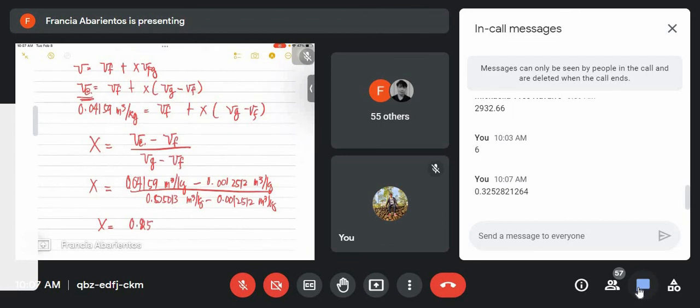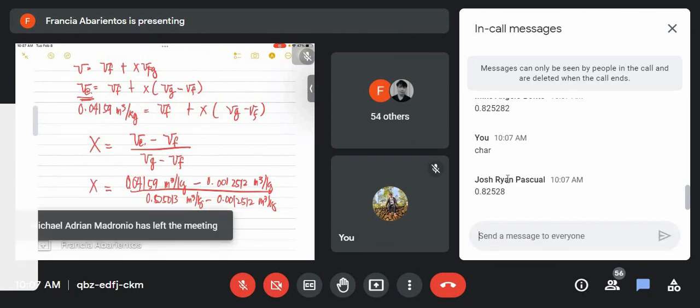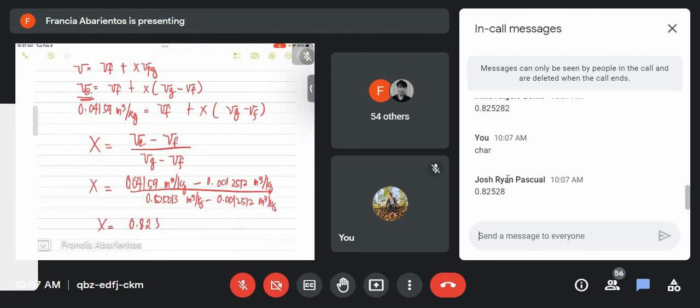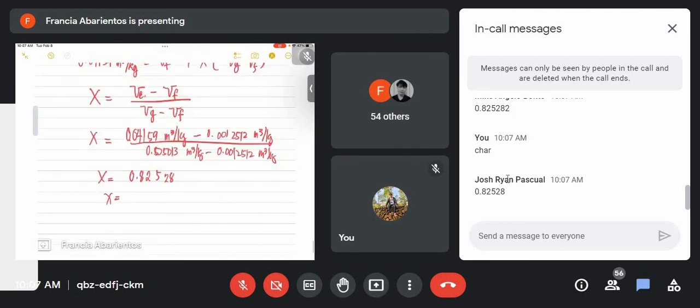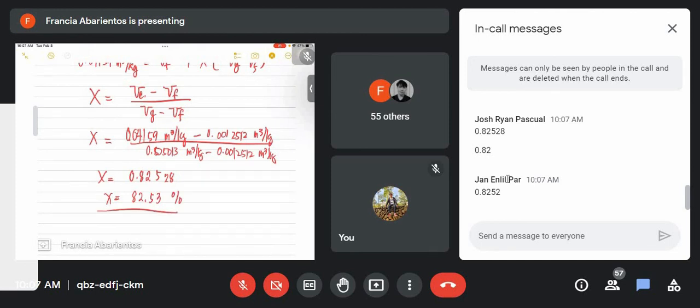The answer is 0.82. Maybe there was a mistake in the input. So, 0.8253. But always express your answer as a percentage, times 100. So, this is 82.53%. This is now your quality.